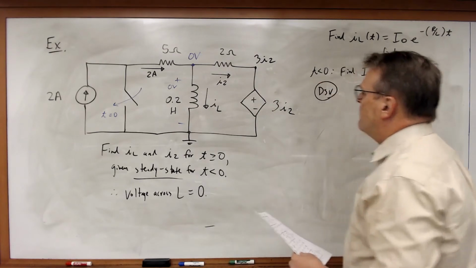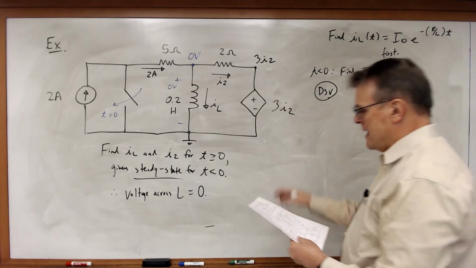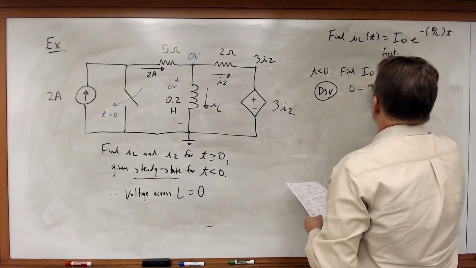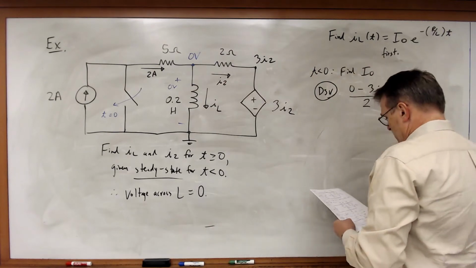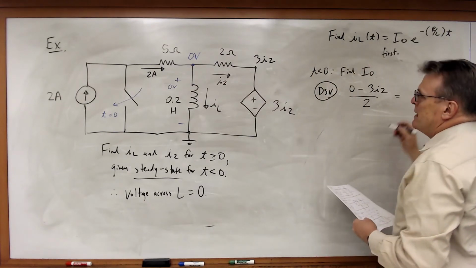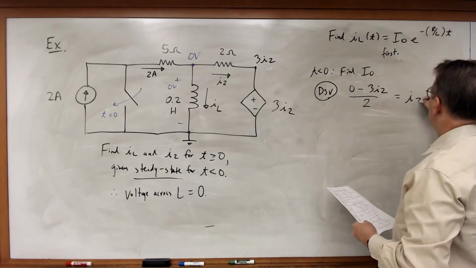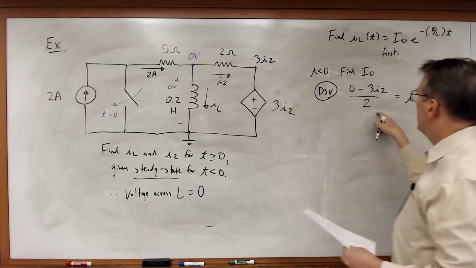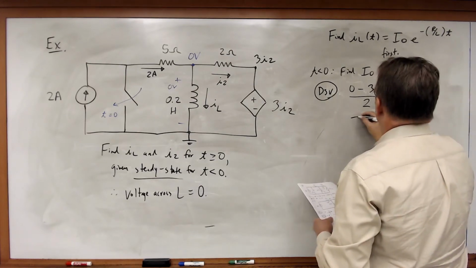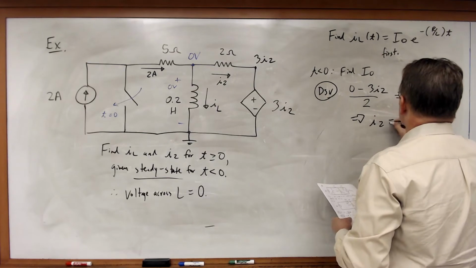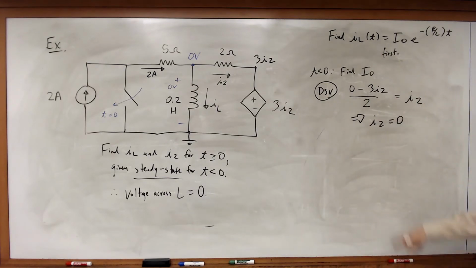My DSV says that 0 minus 3I2 divided by 2 must be equal to I2, just using Ohm's law to define I2. If I solve for this, I get that I2 is equal to 0. In other words, the only way that 2I2 can be equal to minus 3I2 is if I2 is equal to 0. So that's what I get for I2.